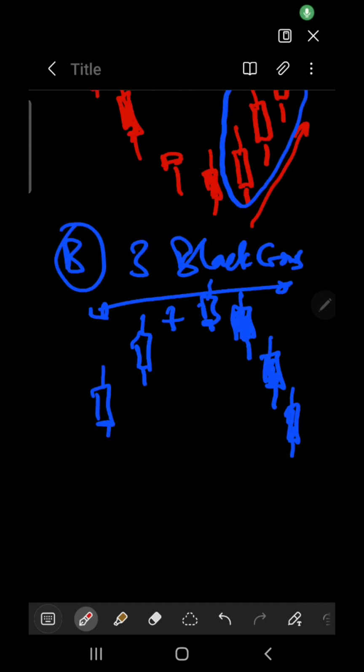Okay, and then of course people, we are going to look at the three black crows, which is the reverse of the above. What we are saying is that the market was moving upwards, given different types of candlesticks, but the general direction of the market was upward. And then all of a sudden, you're going to see three similar sized body type candlesticks in the different direction.